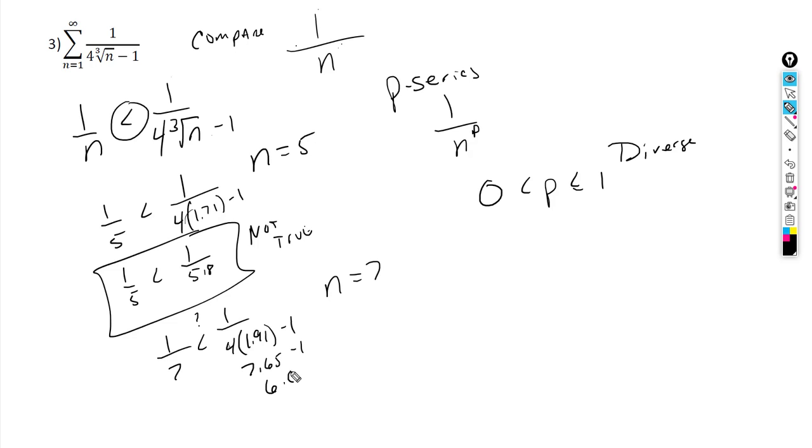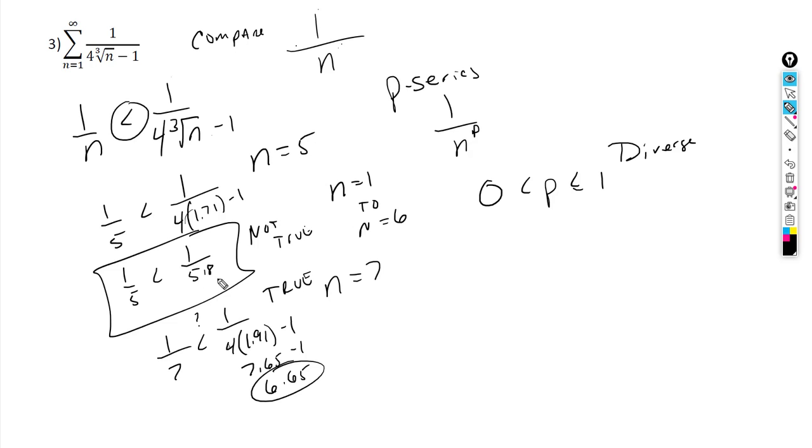So that's 6.65. And that is now okay. This is now true. So this function is actually going to be smaller for n equals 1 to 5, or 6 actually.